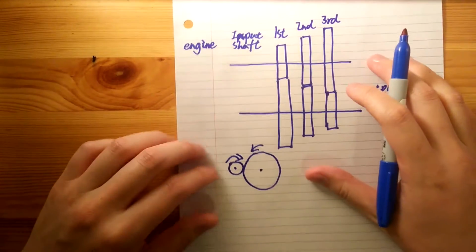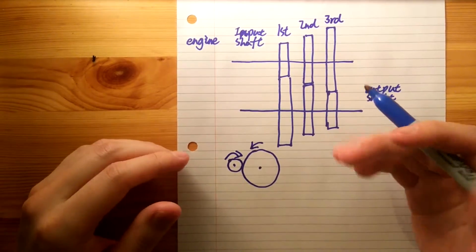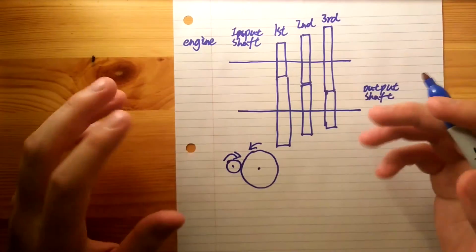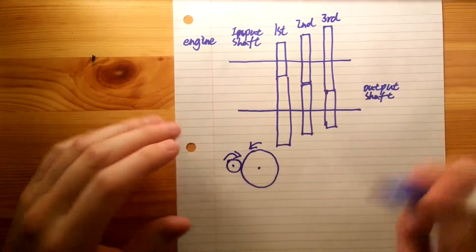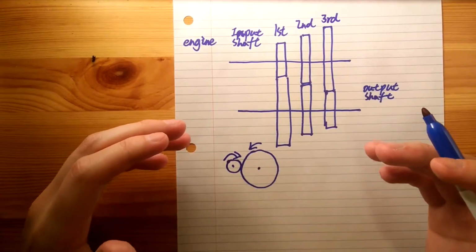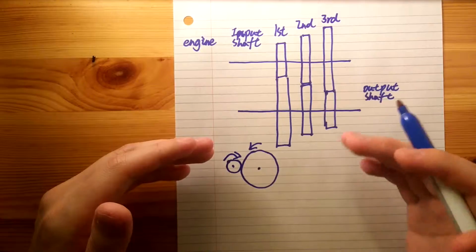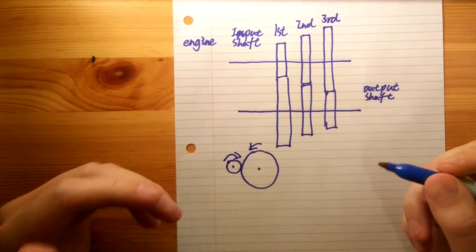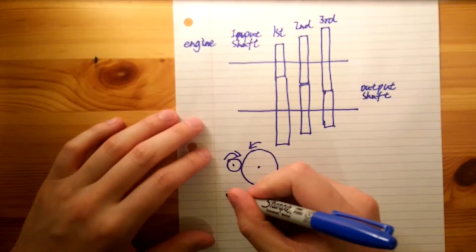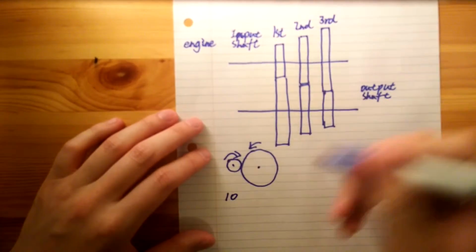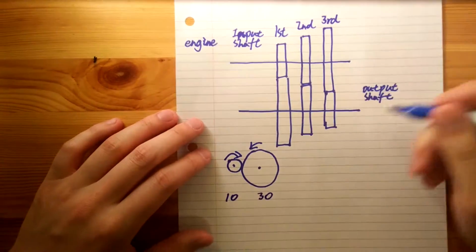This is necessary because when the vehicle starts moving, there's a lot of friction and loss of heat, and lots of torque is required. And in this case, we can develop a lot of torque by having a smaller gear driving a larger gear. So let's assume there are 10 teeth on the smaller gear or input gear, and let's say there are 30 teeth on the output gear.